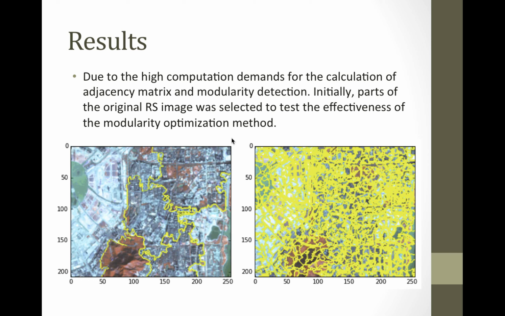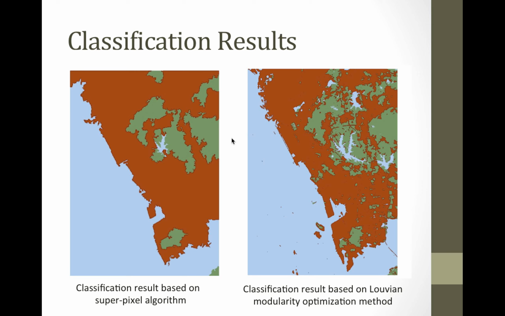So in this study, I used the superpixel algorithm to adjust the superpixel size, and then applied the Louvain method to detect the smaller communities. Therefore, by first applying the segmentation algorithm to get the segmented communities, and later applying the neural network classifier, I got the classification results.